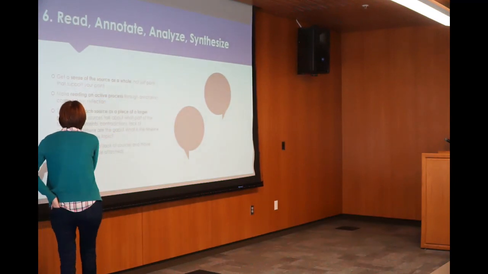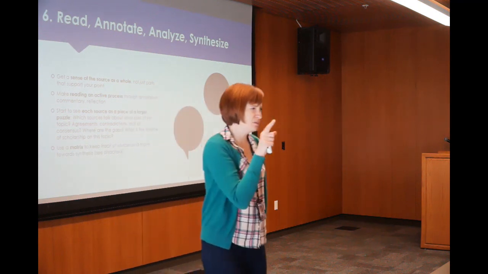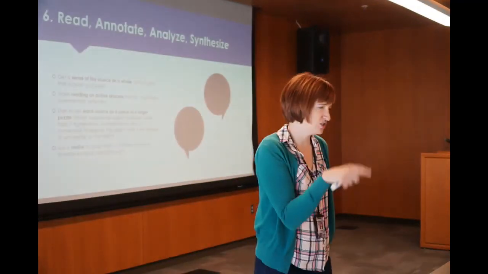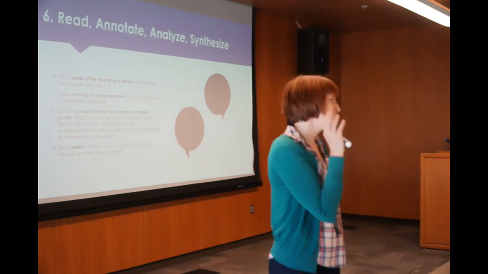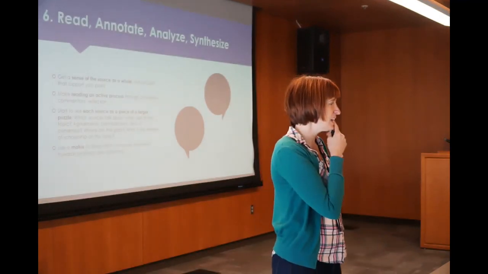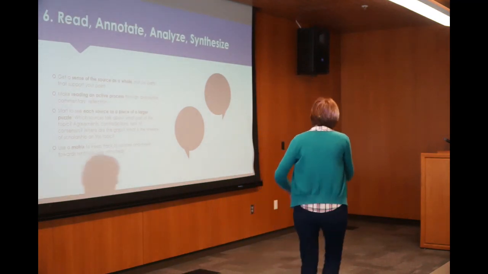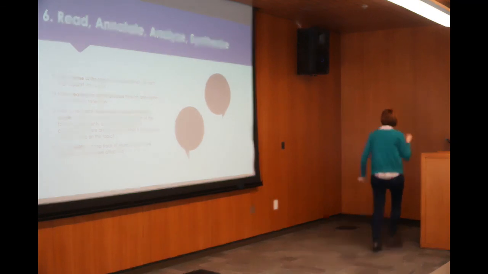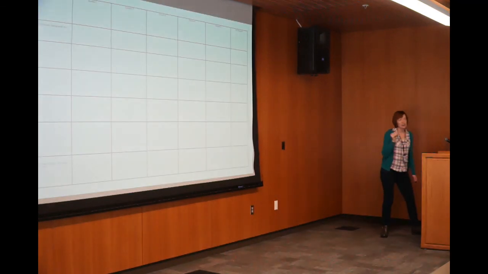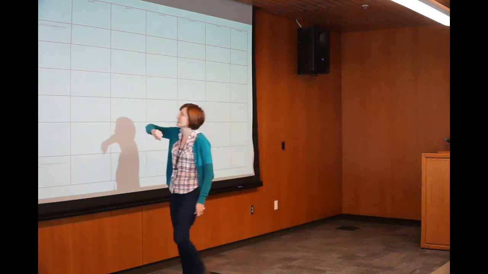So we do suggest using a matrix to keep track of sources. Has anyone been introduced to the synthesis matrix? If you call it a matrix, it's really not that scary. Has anyone seen this before? Yeah, I think they show it in the EED classes, but it really can help you get your sources in order.